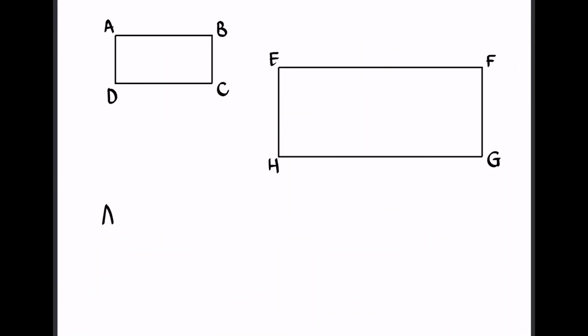All right, but how do you determine which sides are similar in a rectangle or a non-triangle shape? If I had A, B, C, D being similar to E, F, G, and H, then using our frog face that we have used, we're going to do frog face plus a nose.